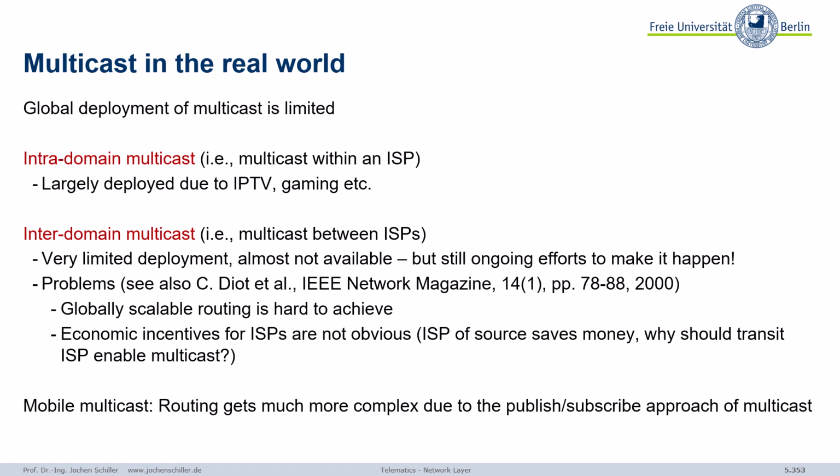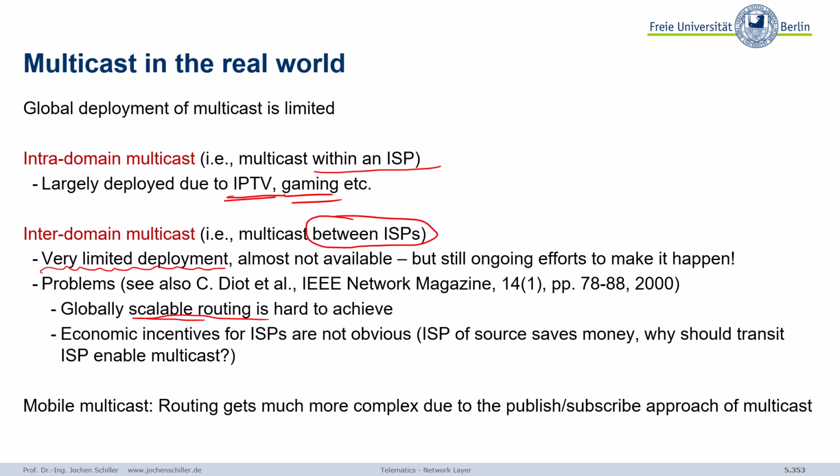So intra-domain multicasting, so multicasting within an ISP, that is deployed: IP television, gaming, etc. But multicast between ISPs, so inter-domain multicast, very limited deployment. So yes, there are efforts to make it more available, but there are many problems. So the routing, global scalable routing, is hard to achieve.